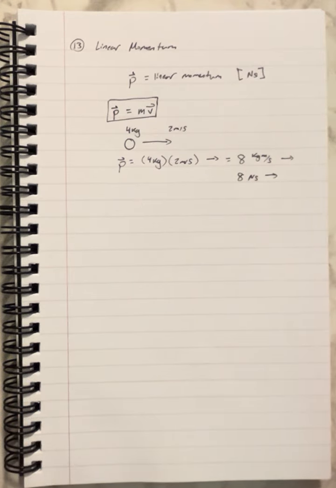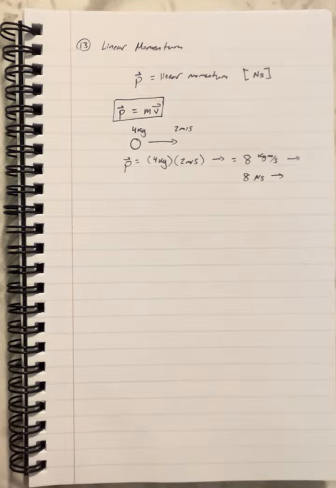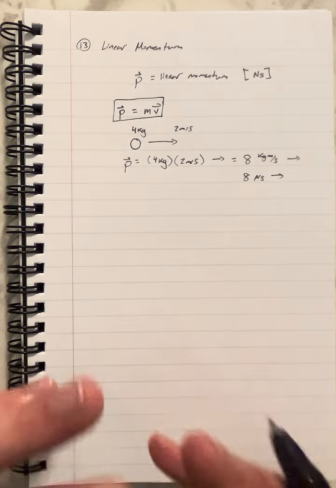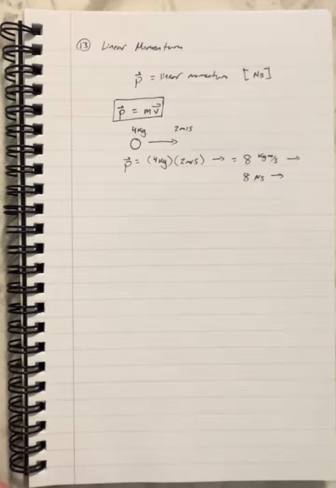Another thing to note about momentum is that it is additive within a system. So we can define the momentum of an entire system of discrete or uniform bodies. And that's going to be really helpful when we start getting into conservation of momentum, because we're going to have to describe the momentum of multiple objects at once combined in order to conserve momentum within a system that experiences a collision.